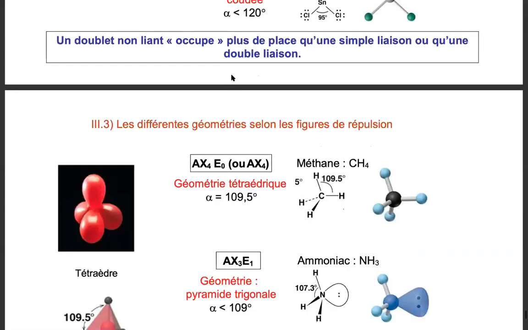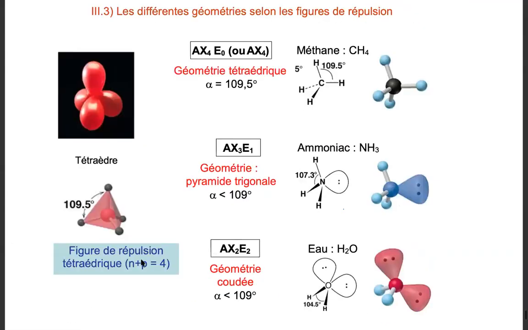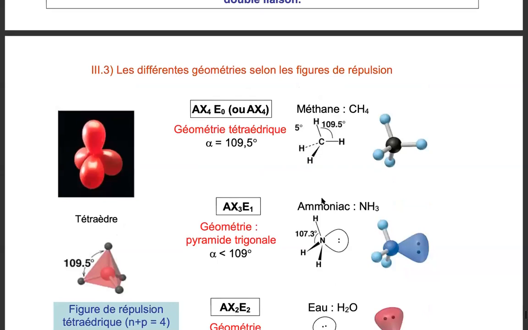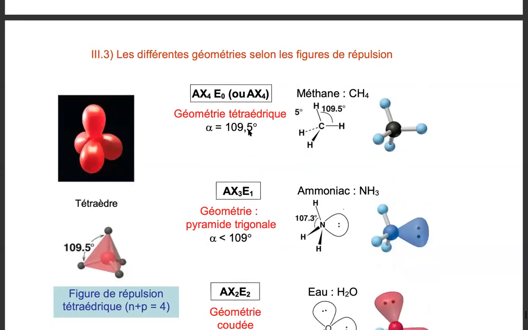It will be N, which is 4, plus P, which is 0, which gives us a 4, and an angle of 109.5 degrees.